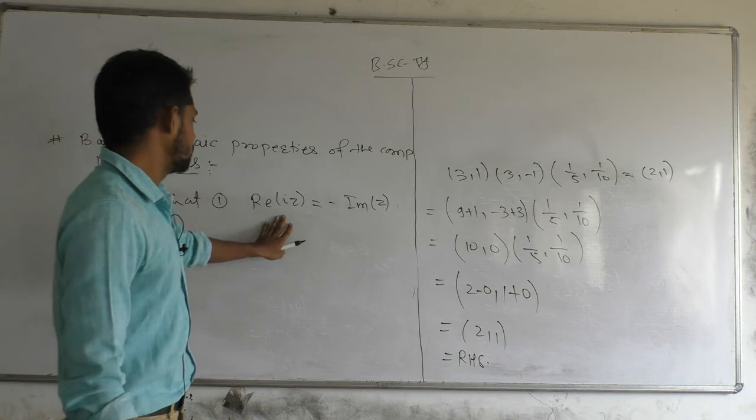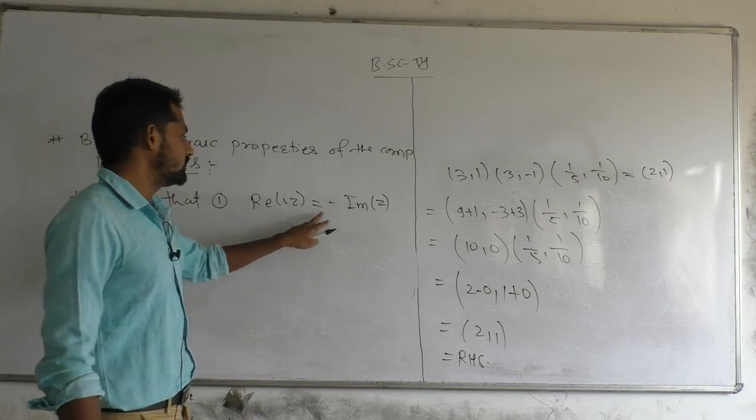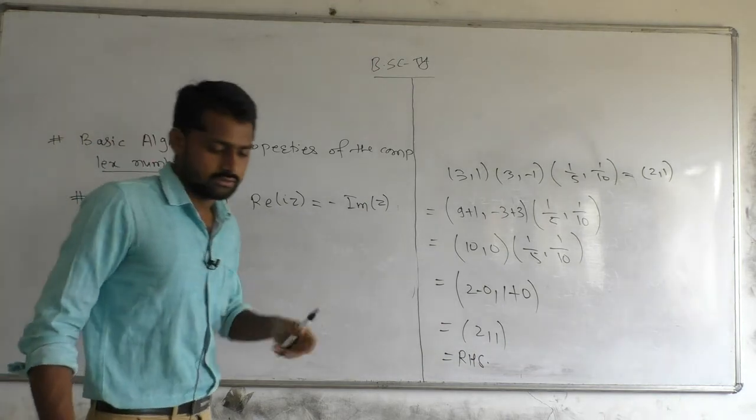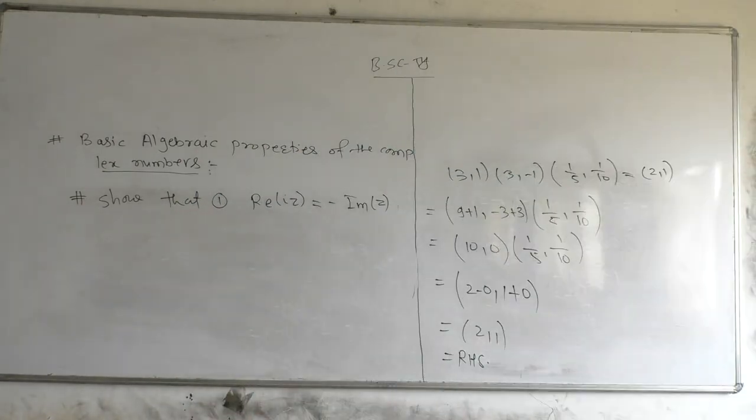So we have to show this: the real part of i times z is equal to minus the imaginary part of z.